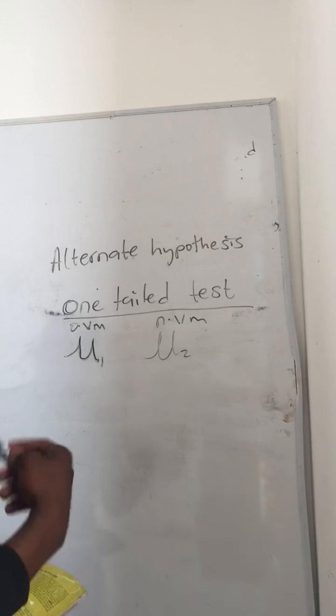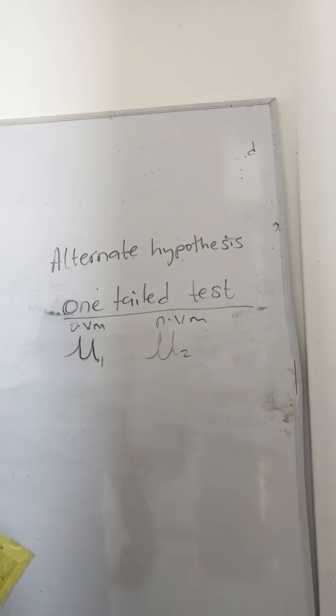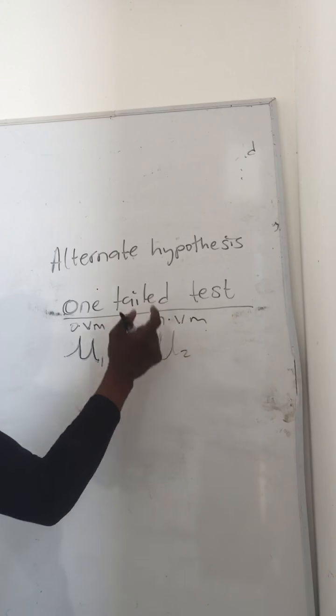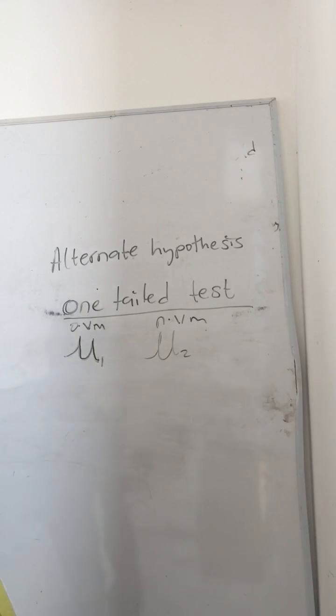Now the claim is that we are to test whether the new produces higher yield than the old, so we are to test whether this is greater than this. The claim is that this is greater than this, and we are testing on that.